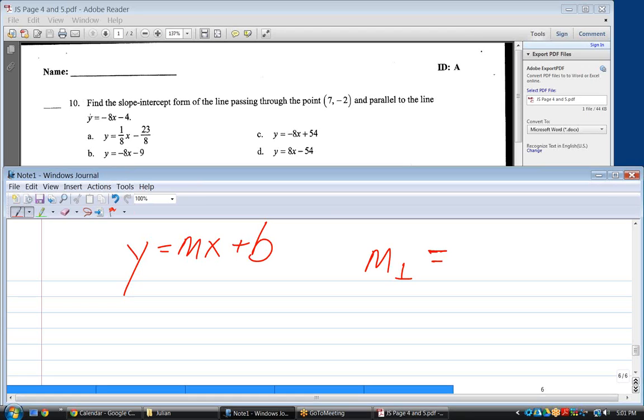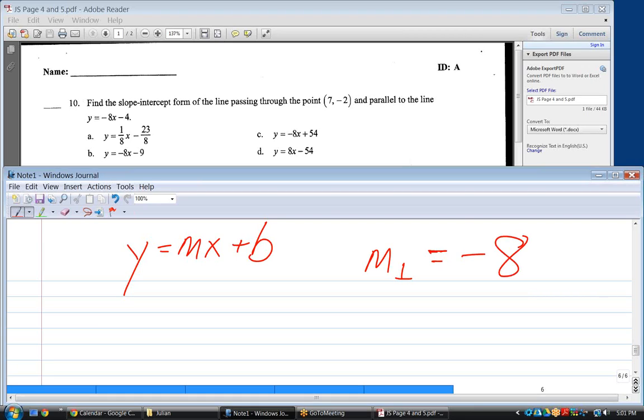Yeah. In other words, that's not the equation of our line. The equation of our line goes through a different point, but the fact that it's parallel to this line says a lot about it. What does it tell me? About its slope. It has the same slope. Okay, so it's -8.